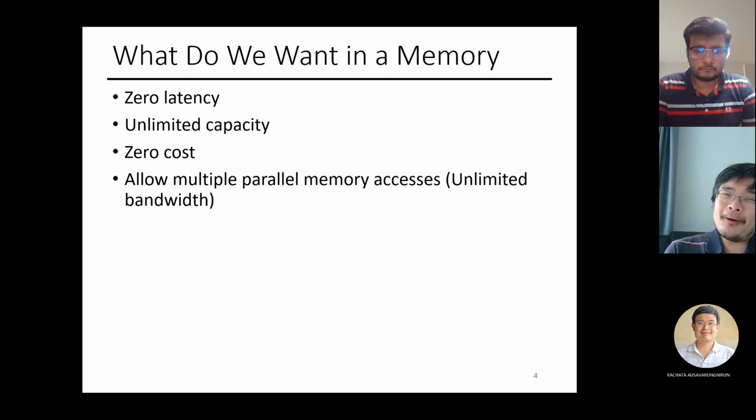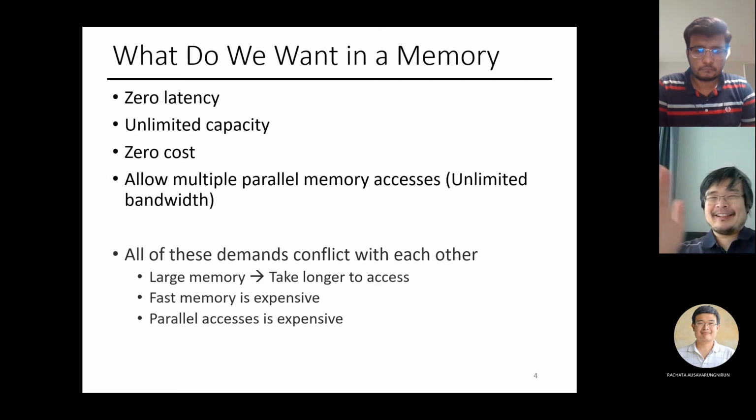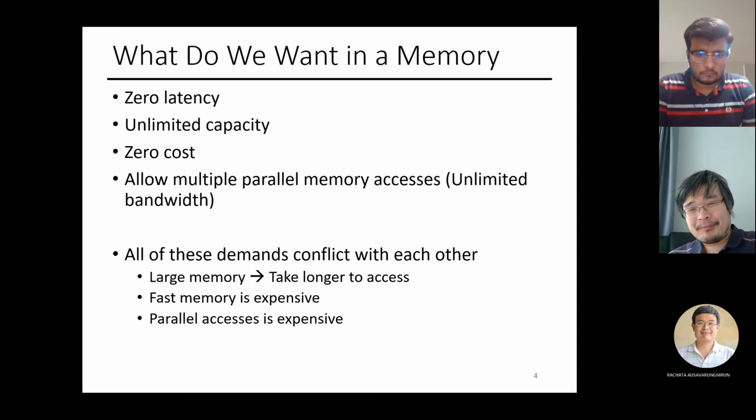But the goals are conflicting, right? First of all, if you want fast memory, it's likely not to be free. If you want unlimited, large memory, it's also going to take longer to access. Imagine that if I want to search for where my data is in a big auditorium, it probably takes more time than in one classroom, because there are more people, more addresses that you have to go to.